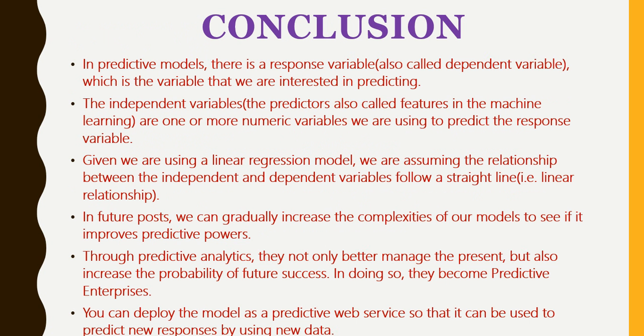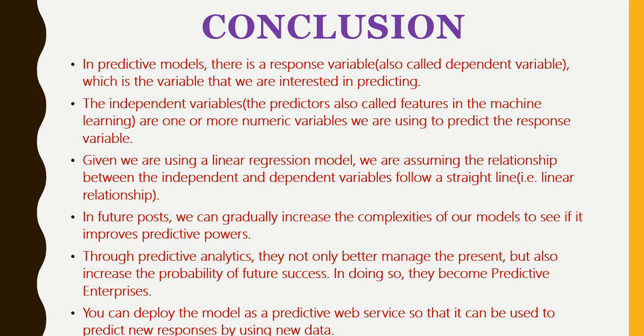The conclusion of this project is, in predictive models, there is a response variable, which is the dependent variable, like price in our case, which is the variable that we are interested in predicting. The independent variables, the predictors, also called features in machine learning, like wheelbase, engine, make, body style, and many others, are one or more numerical variables we are using to predict the response variable.